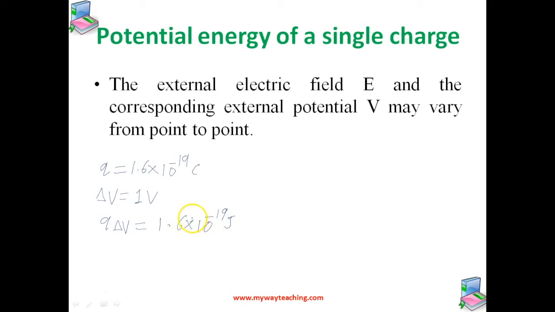The units based on electron volt are most commonly used in atomic, nuclear and particle physics. This is about the potential energy of a single charge.